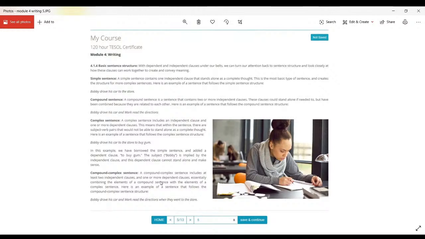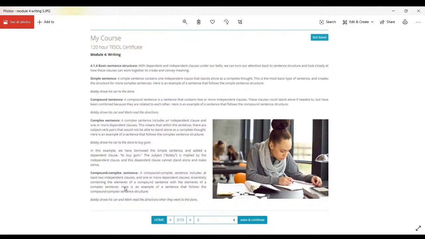And in this example, we borrowed the simple sentence and added the dependent clause to buy gum. Actually, pag sinabi natin buy gum, it is a complete sentence na rin, ano? But because of the subordinate word to buy gum, that's why it became dependent. The subject Bobby is implied by the independent clause, and this dependent clause cannot stand alone and make sense.